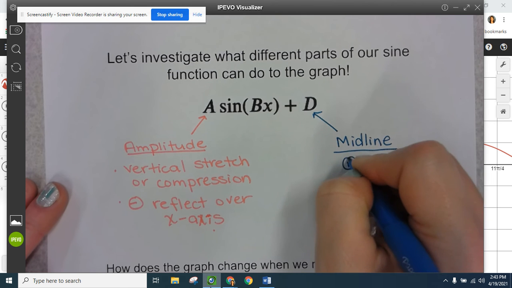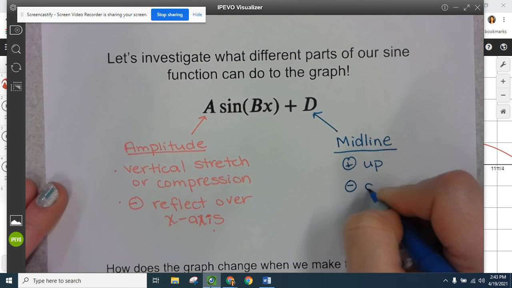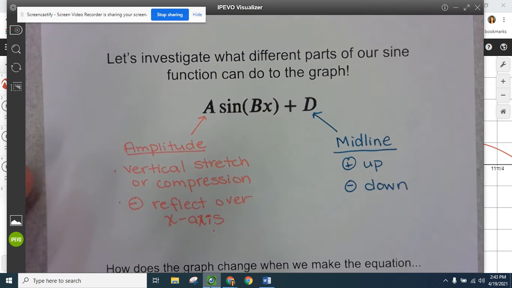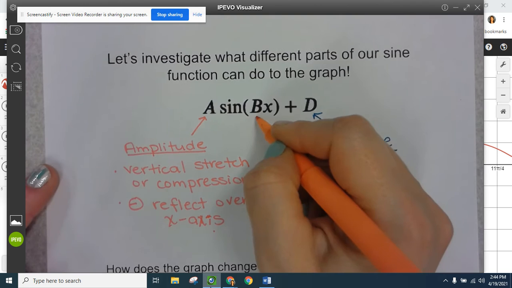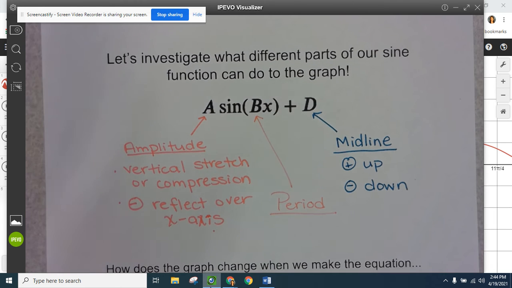If it's positive, it shifts up. If it's negative, it shifts down, which, as you may have guessed, leaves B, which is going to shift the period of the function, and let's see how that happens.